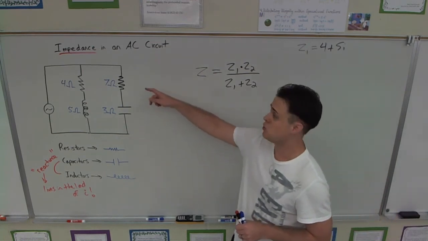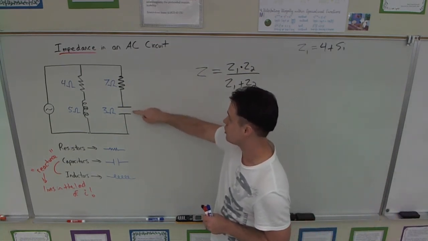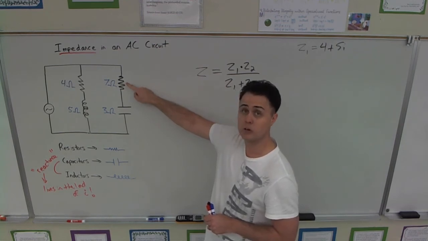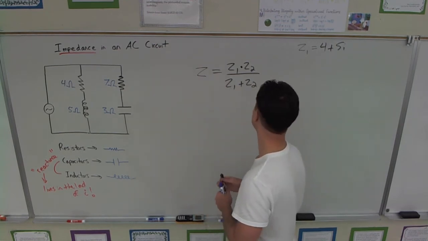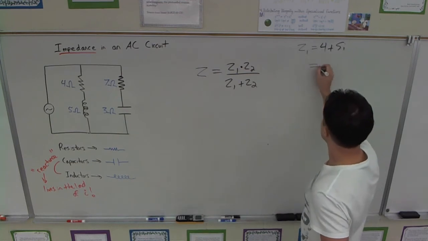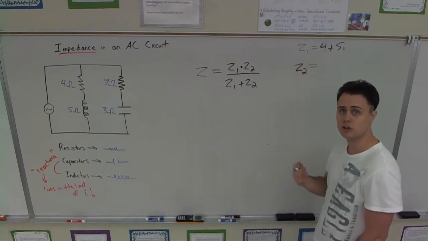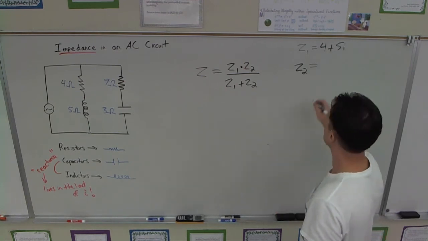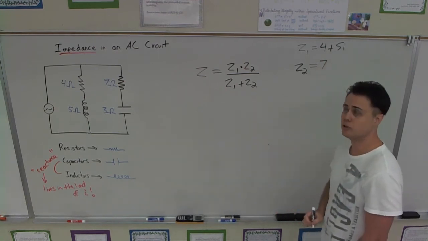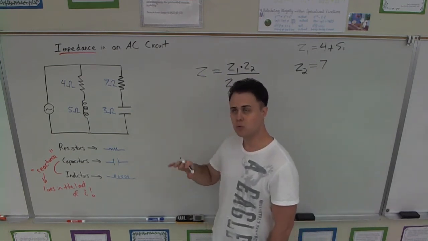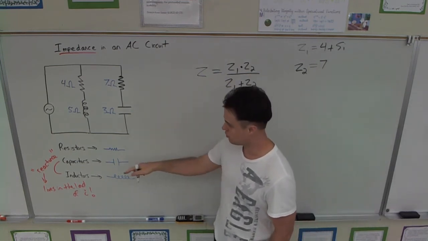So in the second branch of the parallel circuit, we have a resistor and a capacitor. So this guy, just like the other one, is going to provide the real component resisting our electron flow. So the second branch, which is what Z2 basically represents here, that complex number is the second branch. The resistance to electron flow will be 7. And capacitors, it turns out, they don't resist, like we just talked about.